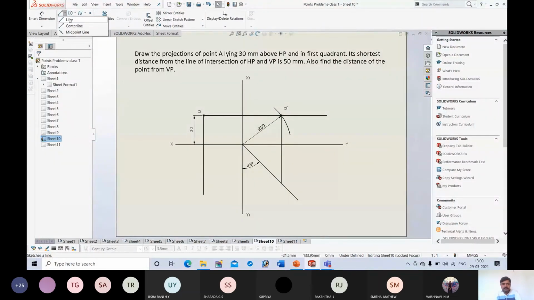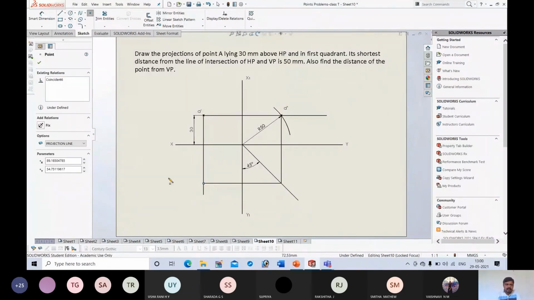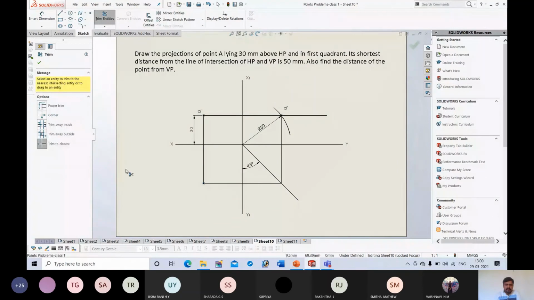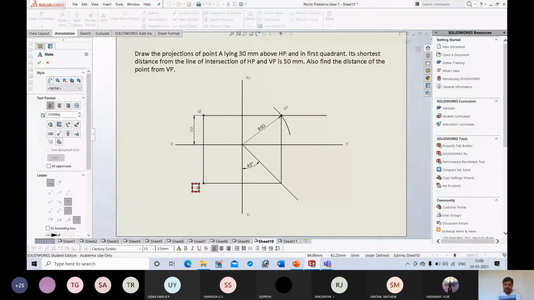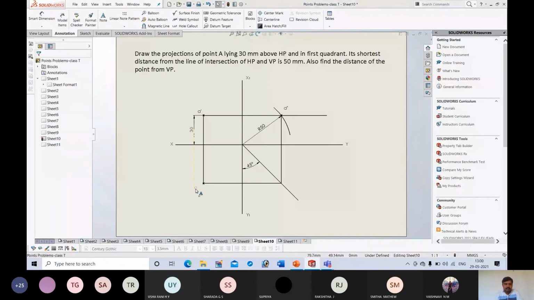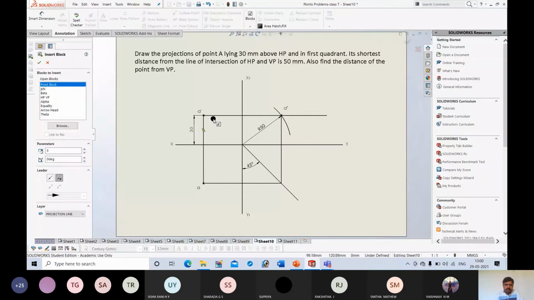Again it is the same procedure but in a reverse manner. This should be horizontal, and this point is the top view. The remaining I will trim. So this is the top view: front view, profile view, top view.